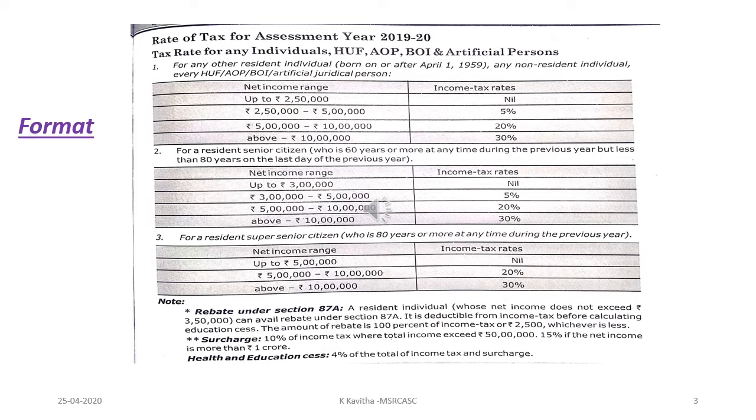And surcharge is also called tax on tax: 10% of your income tax if your total income exceeds 50 lakhs, 15% of your total tax if your income exceeds 1 crore. And health and education cess is at 4%. These are the basic concepts and information which you should be aware of before calculating the problems.